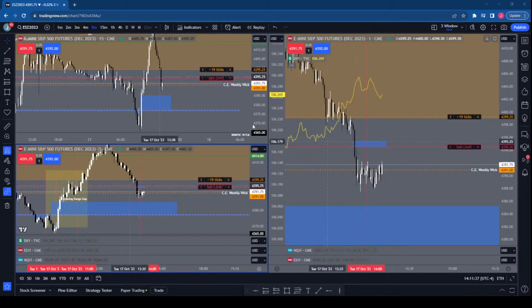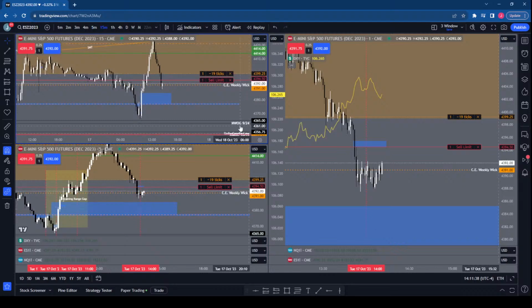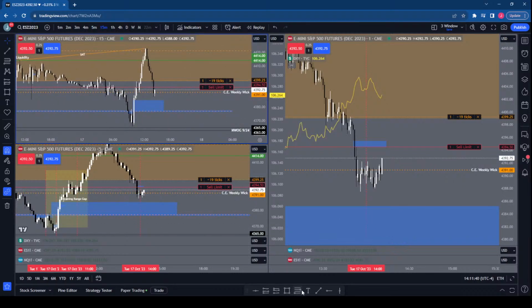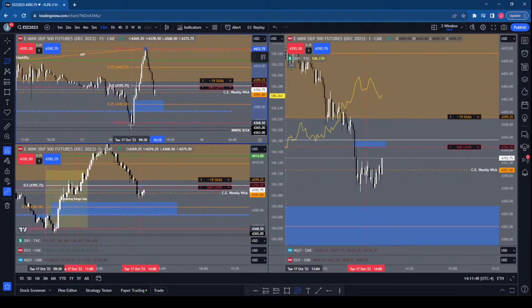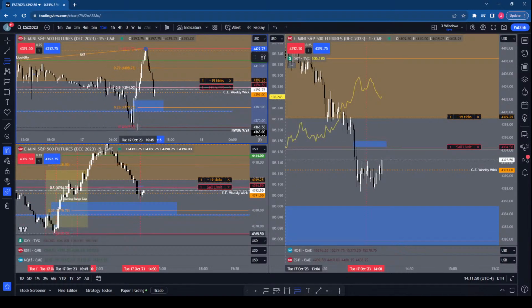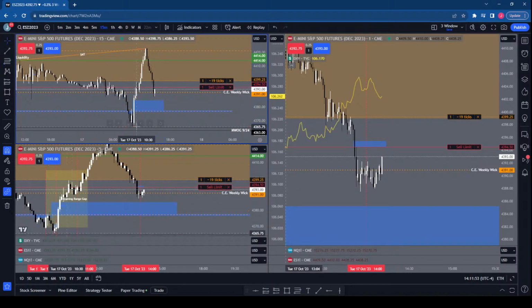I think this fair value gap is within the upper 50% between where this move originated and our target. If the move originated up here and our target is the bottom of this new week opening gap / this morning's low, it is within the upper 50%.